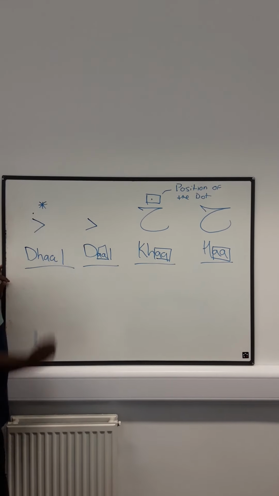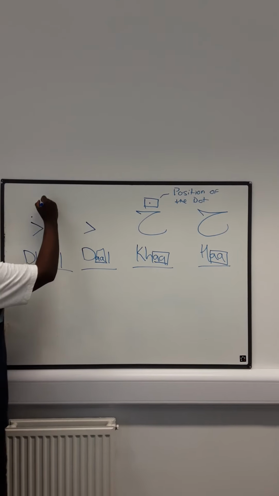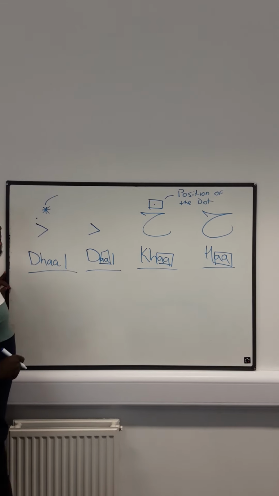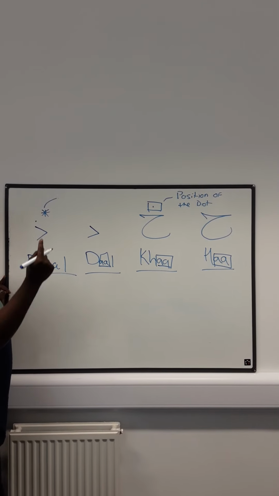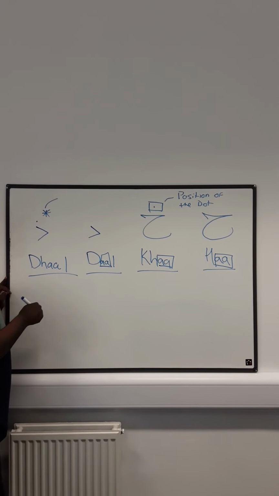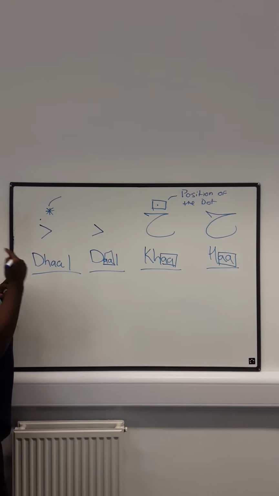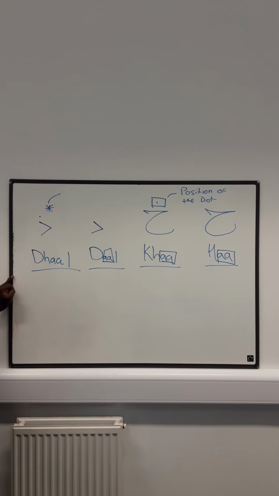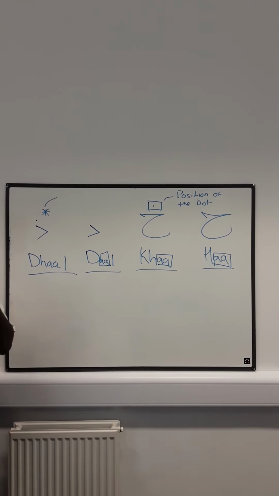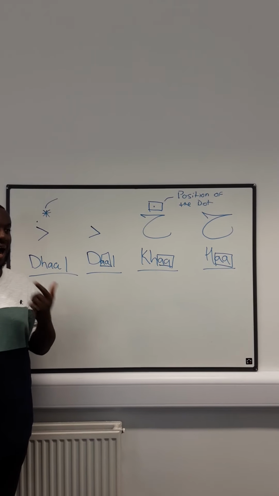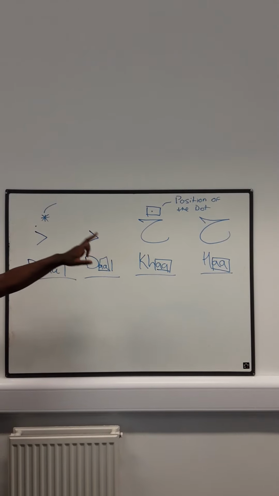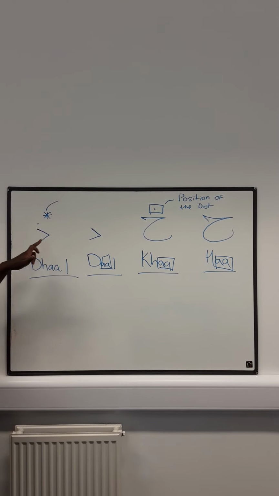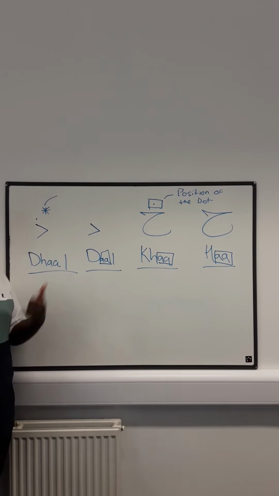Now I'm going to put an asterisk here. The reason why I put a little star here is this indicates sticking your tongue out when saying the letter. Placing the tongue out of the mouth when you're pronouncing this. Dhal. Yeah? So Ha, Kha, Dal, and Dhal. Can you say this letter for me?